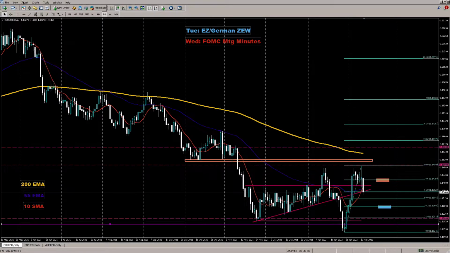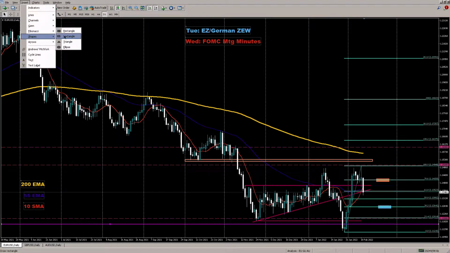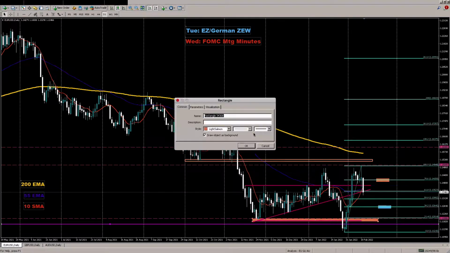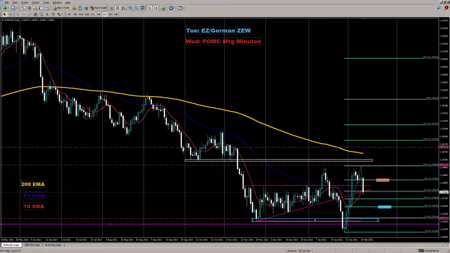So we can identify another critical support zone here.